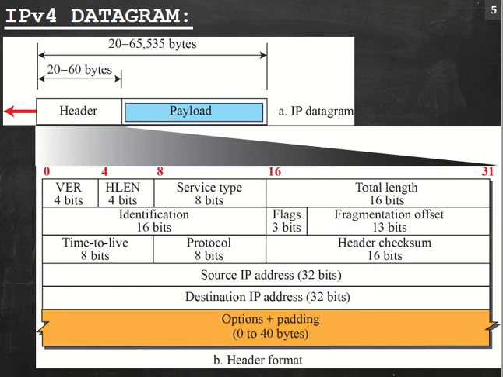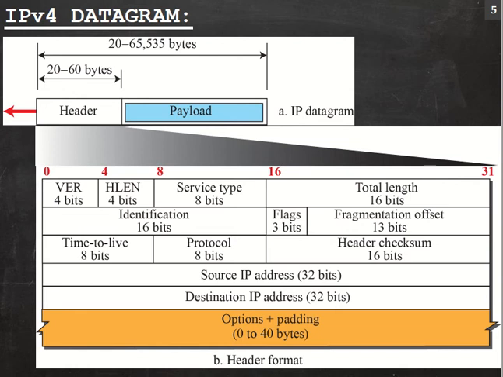Usually the size of the datagram is less than the maximum specified here. And this field helps in identifying which packet has arrived completely.